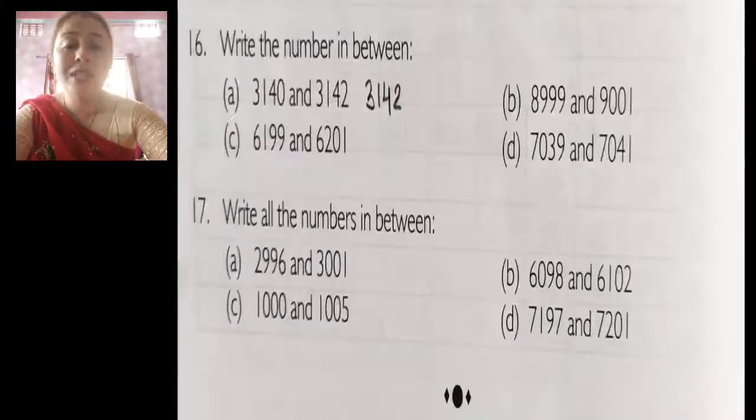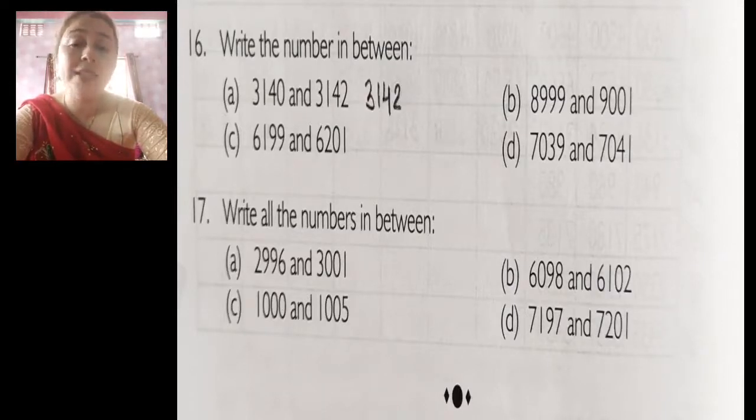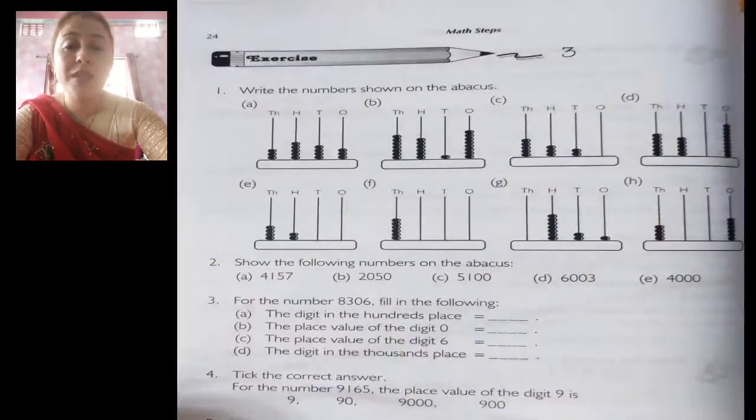In today's class we will complete exercise 2. We are just left with 2 numbers, 16 and 17, where you have to write all the numbers in between, the last numbers from exercise 2 of chapter 2. Next, we will start exercise 3 today, and we will do 1, 2, 3, 4, which are all related to the place value of numbers.